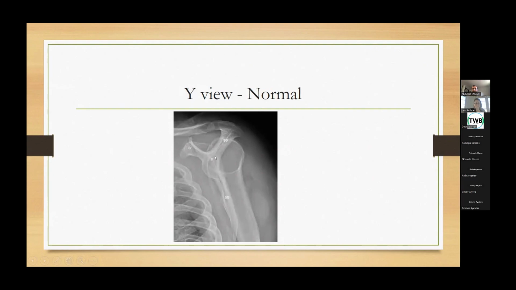This is one limb of the Y, that's the next one, and this is a downward projection of the Y. So in a normal scapular Y view, you have the humeral head sitting in the two arms of the Y, which is what we call a normal view. This is the humeral head, and this is the shaft of the humerus. As you can see, it's sitting in the two arms of the Y. So that's the normal scapular Y view.